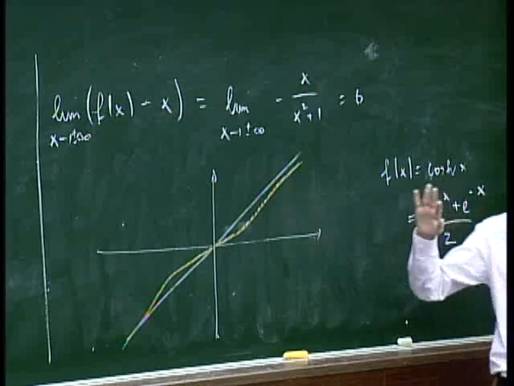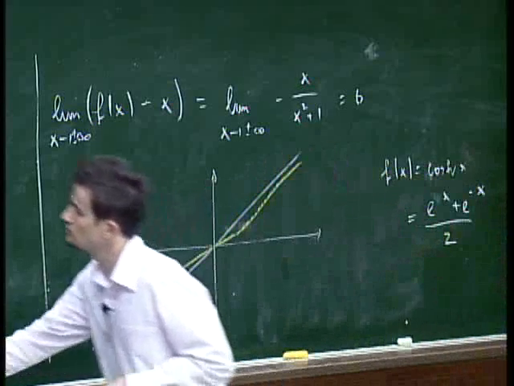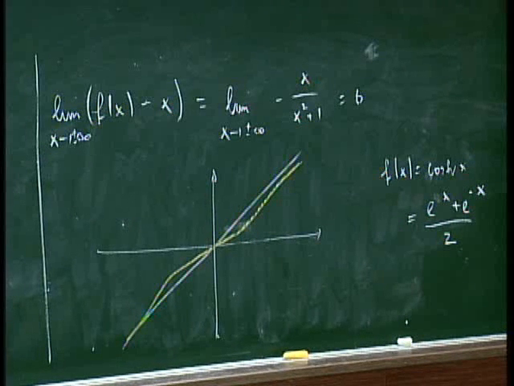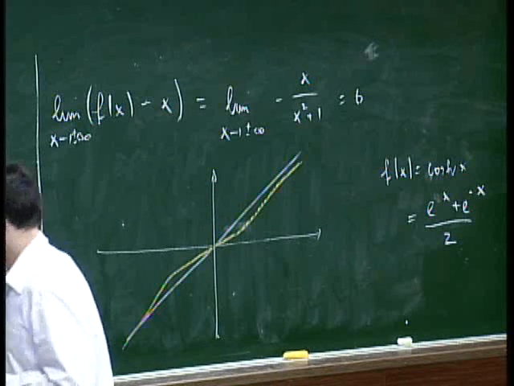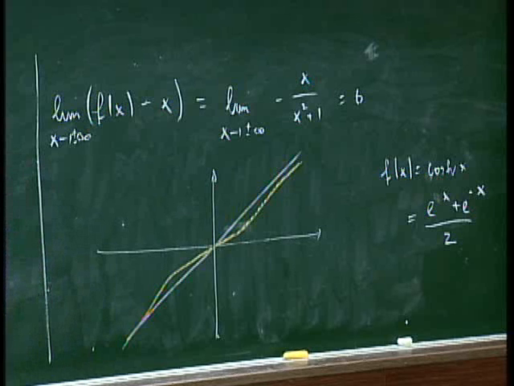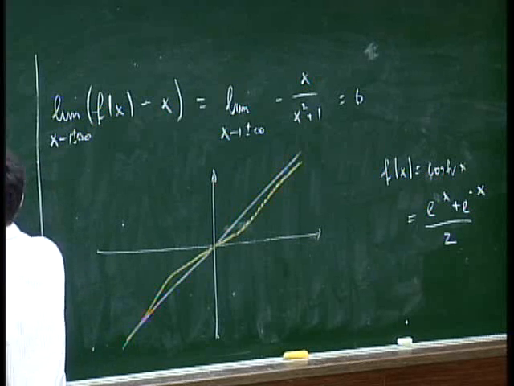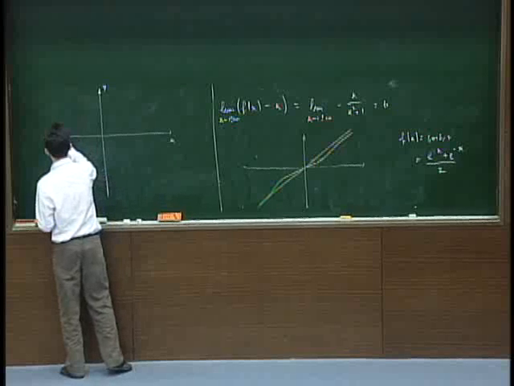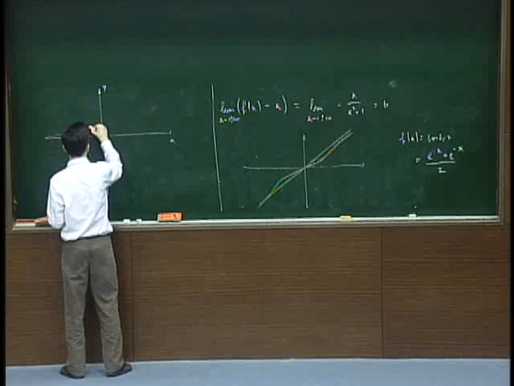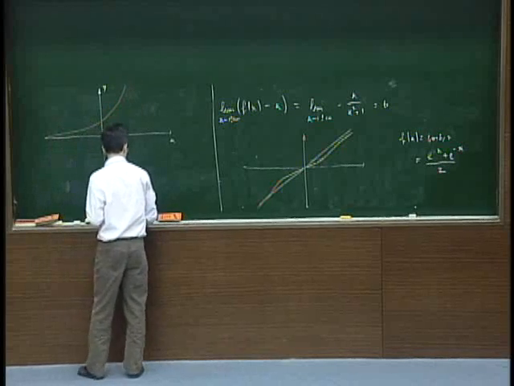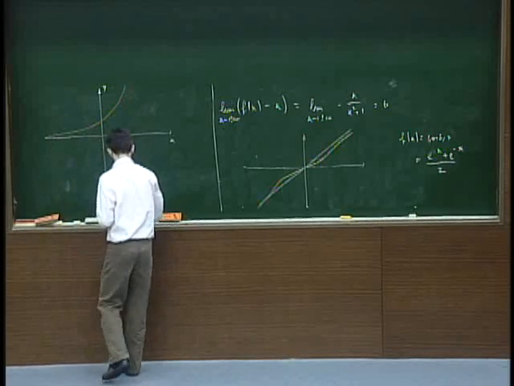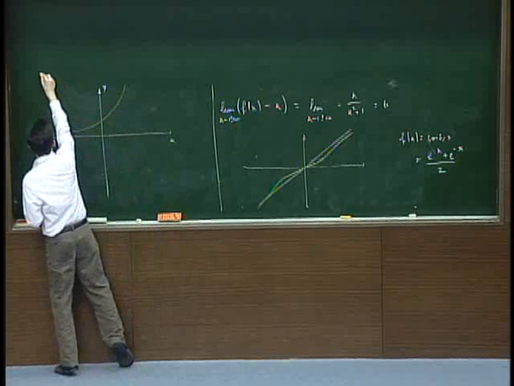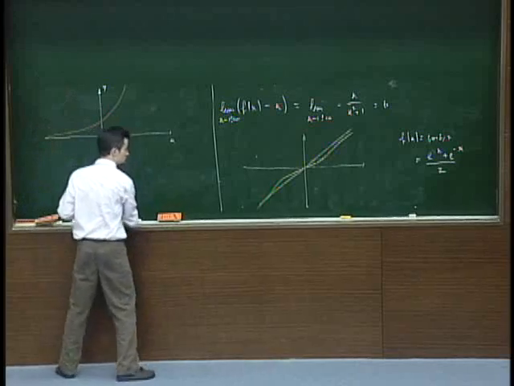Okay, so if you plot those two graphs, if you plot e to the x half, let's say it looks like this here, and you plot e to the minus x half, let's choose another color.